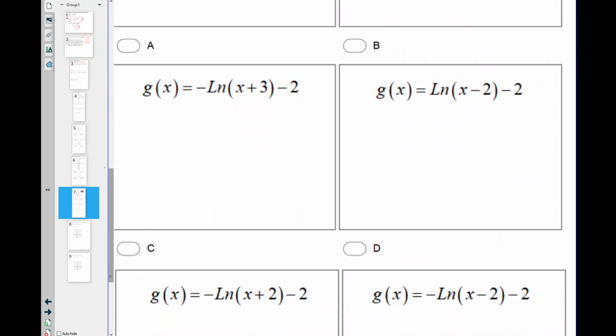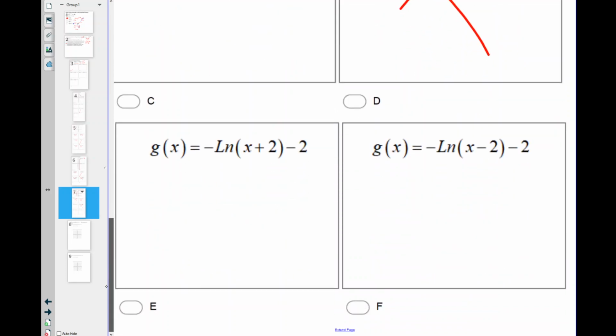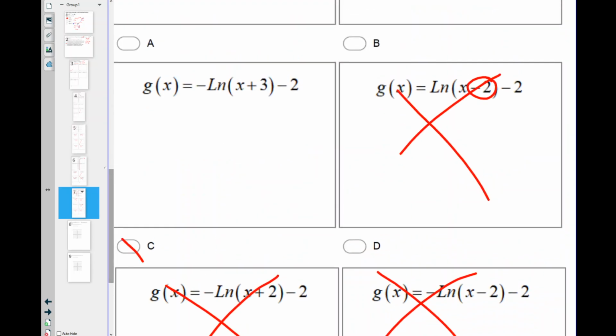It has a flip and it has the -3, so far that's fine. D has the wrong asymptote, and it has no flip. It looks like the same thing for E and F: both of them have flips, but they have the wrong asymptote. So the only one that it can be is C.